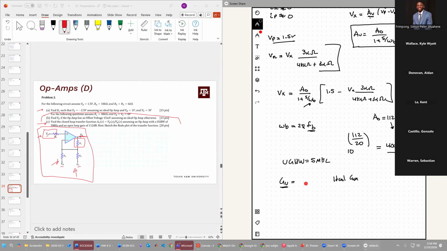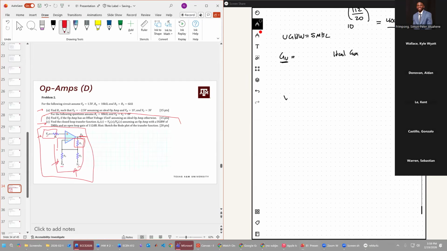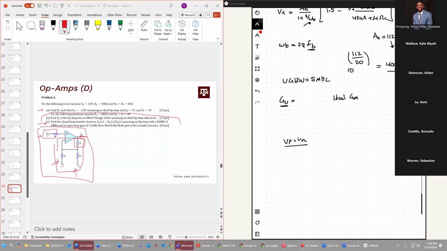So the gain of the op amp in the ideal case, we can just derive the transfer function assuming Vp was equal to Vn in this case, with everything grounded, of course.